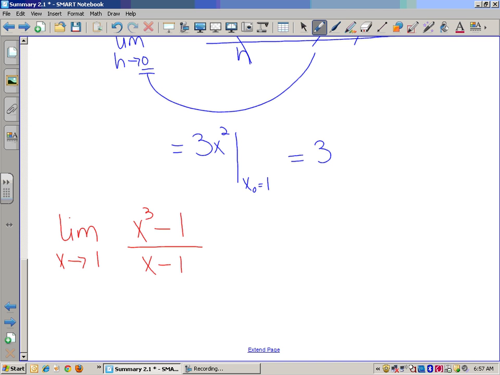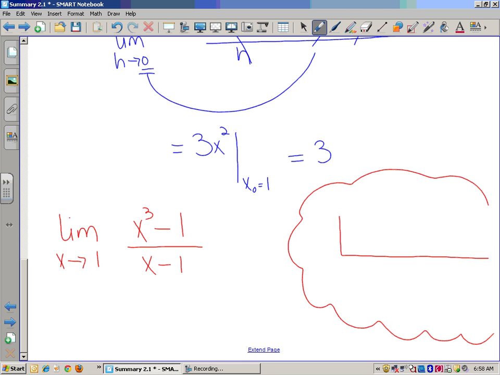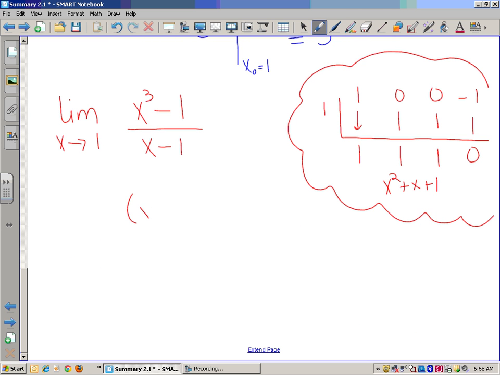Well, it does, because let me remind you, this is a factoring problem from Algebra 2 or pre-calc, honors pre-calc. 1, 0, 0, negative 1. I take the bottom, I flip the number, I'm going to do a little synthetic division, and I end up with x squared plus x plus 1. And so the top actually factors to x minus 1, x squared plus x plus 1, all over x minus 1.